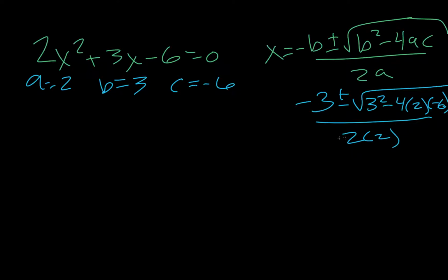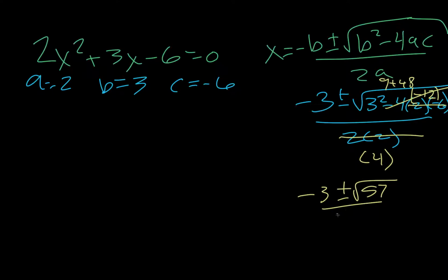Okay, so we do the bottom first, so that's a 4. Then we do -6 times 2, that's -12. And then we do -12 times -4, that gives us a 48, and it's positive. 3 squared is 9, and so if we add that, we're going to get 57.